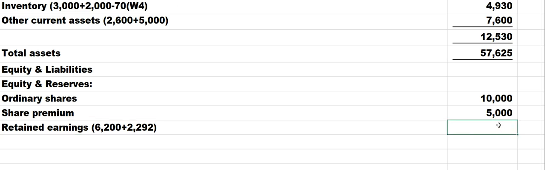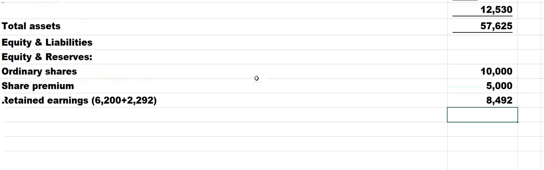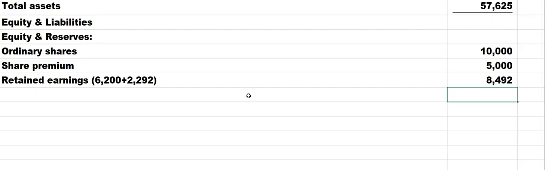So just add that to the retained earnings at the start. There are no dividend payments. So 6,200 plus 2,292. However, if it was a statement of financial position question, then you would have to make a working for retained earnings, then you get your group retained earnings.